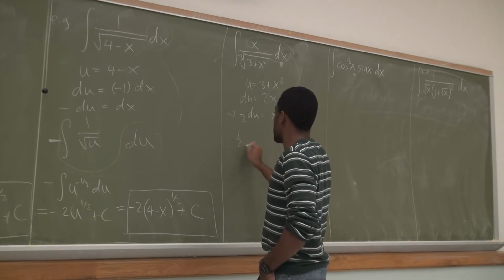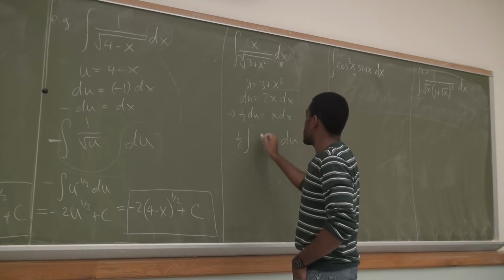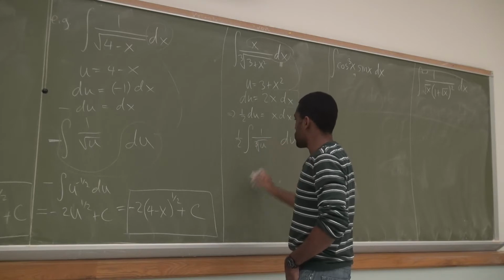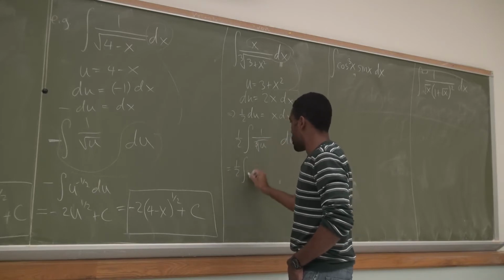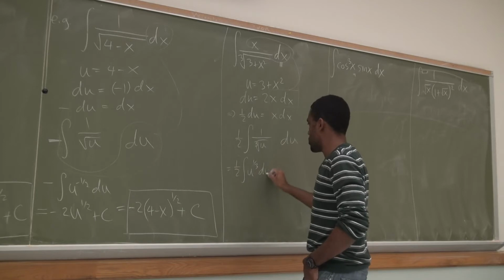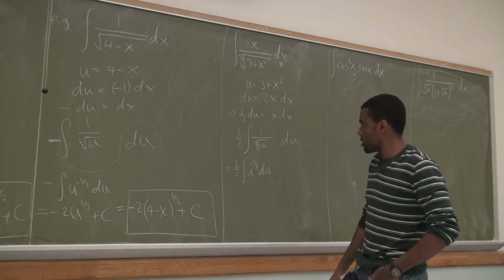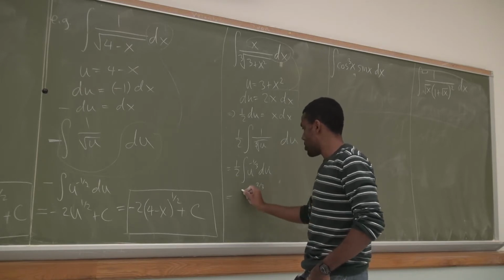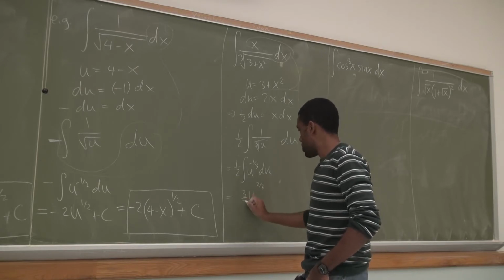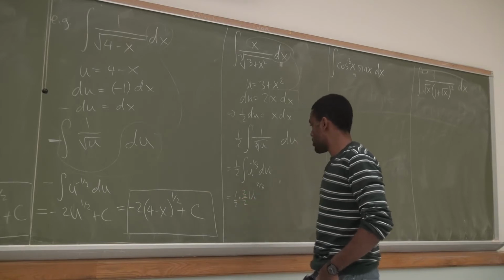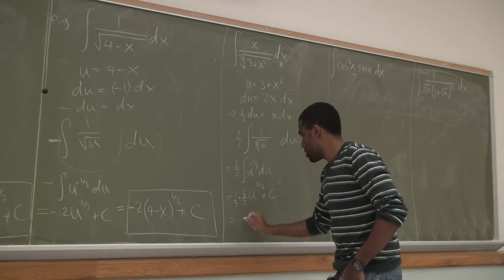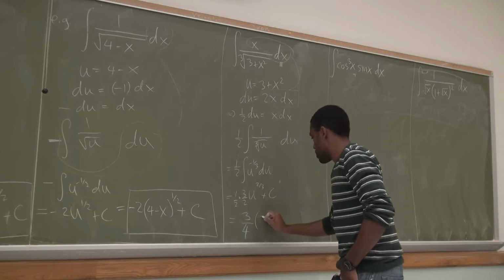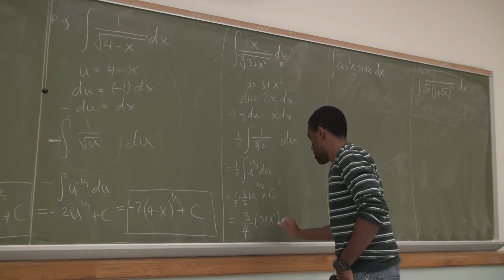So I can rewrite this integral as 1/2 du times 1 over the cube root of u. Well, that's 1/2 times u to the minus 1/3 du, because it's on the bottom. So you add 1 to the power, that gives you 2/3, divided by the new power, plus c. So this gives you 3 over 4 times (3 plus x squared) to the 2/3 plus c.